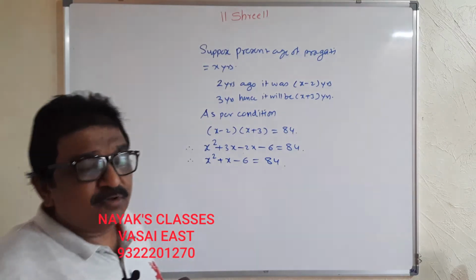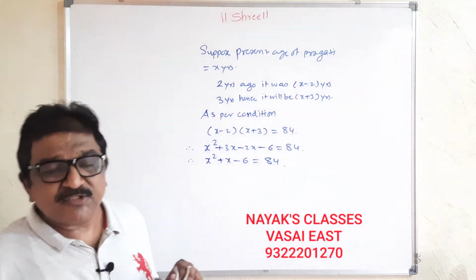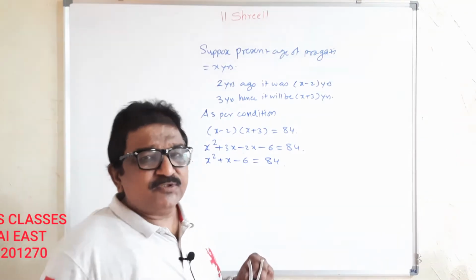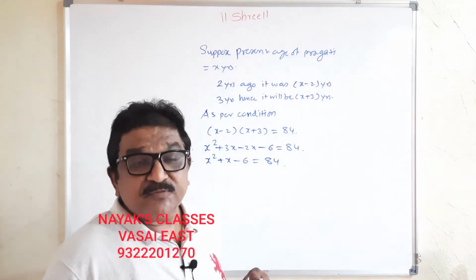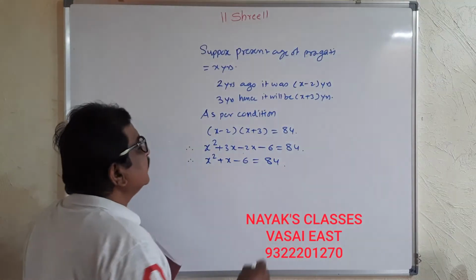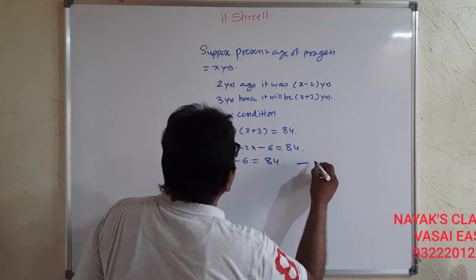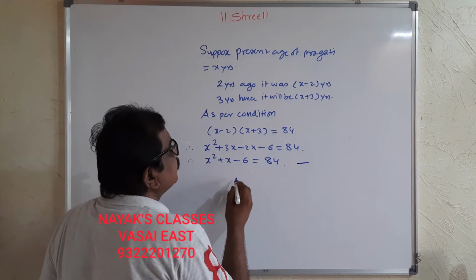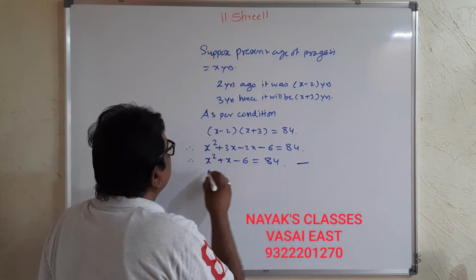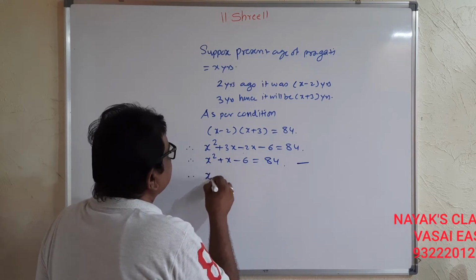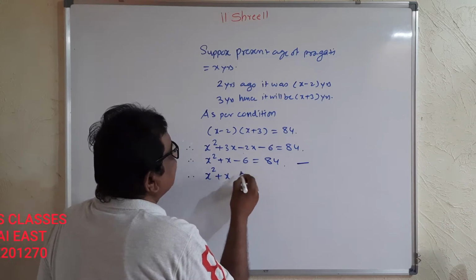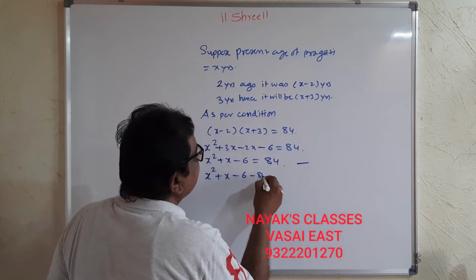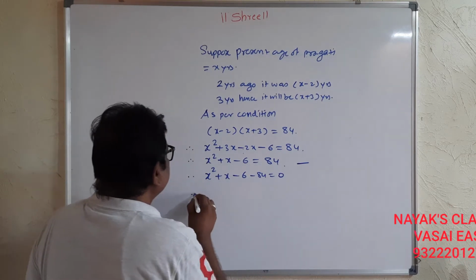Now what we have to do? We have learned a lot of methods of solving quadratic equations. The easiest way people adopt is splitting the middle term. So x square plus x minus 6 minus 84 is equal to 0.